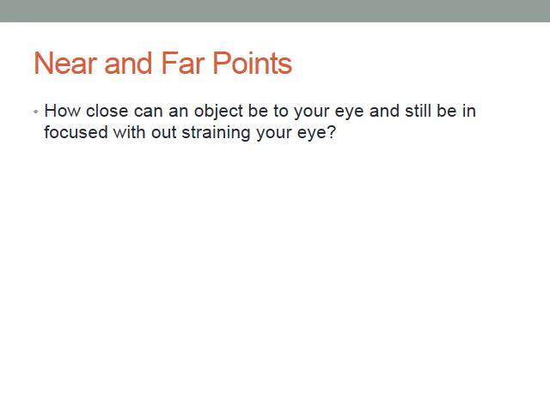With someone with 20/20 vision, there's a standard distance that you should have. Everybody's different. As your eyes go bad, those distances will get worse. But the near point and the far point are what we call the closest and the farthest points you can see clearly without straining your eye. So how close can an object be?